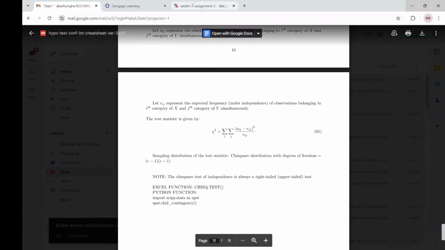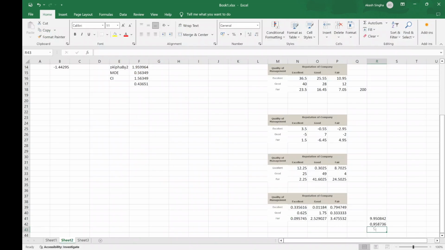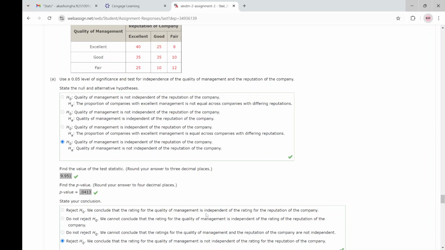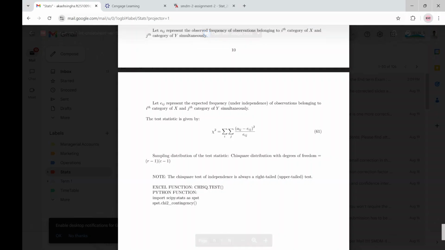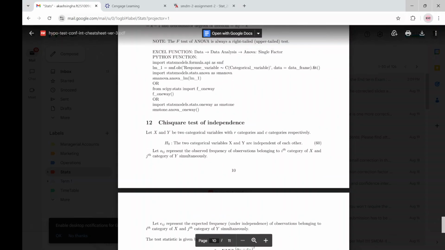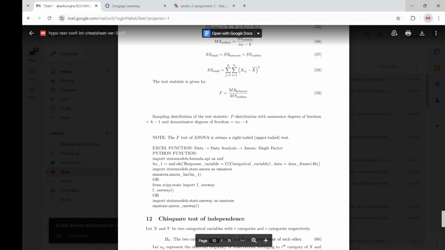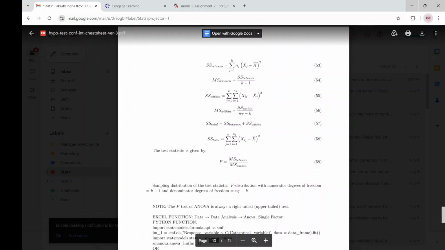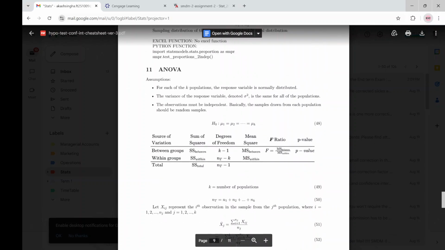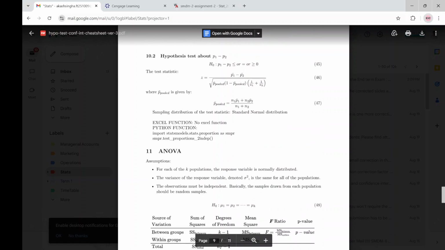So 1 minus 0.95 is 0.0412. Okay. Because it is given that it is right tailed, and right tailed is 1 minus. And if that is also right tailed, somewhere is given. Yeah. So that's it. Thank you.